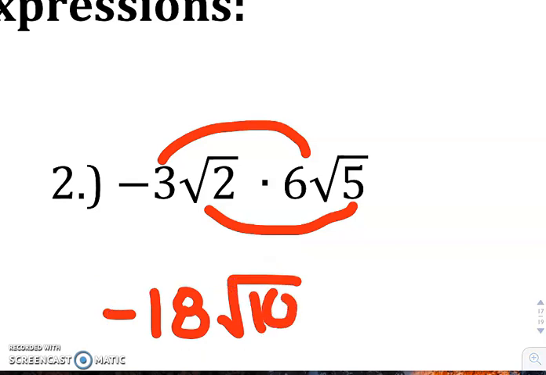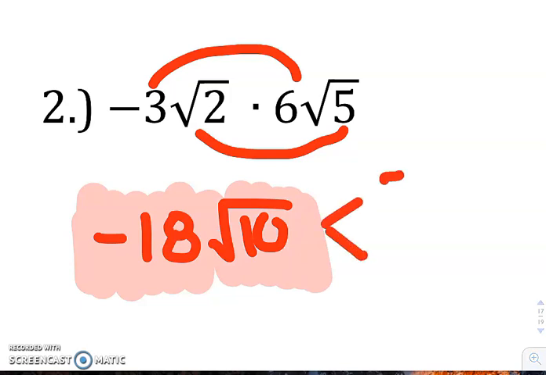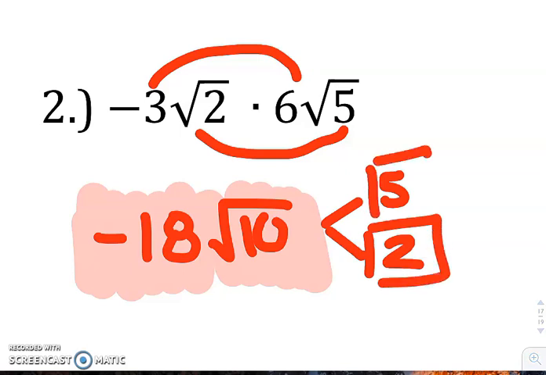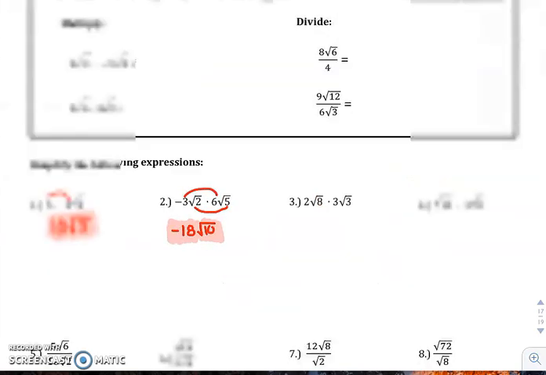And even if you're not sure, you can always check to factor. I personally know that the square root of 10 is not going to be able to be simplified any further. But if you tried to factor it, it would just be a 5 and a 2, and there wouldn't be anything with a pair underneath there. So you couldn't simplify this any further.